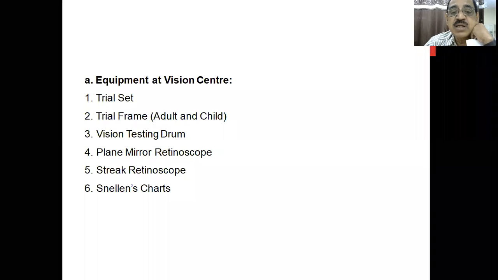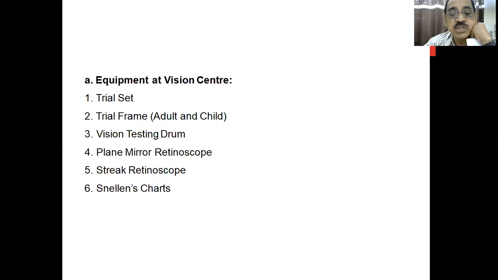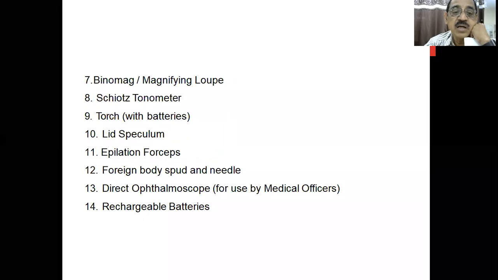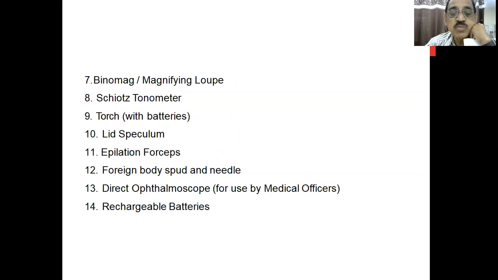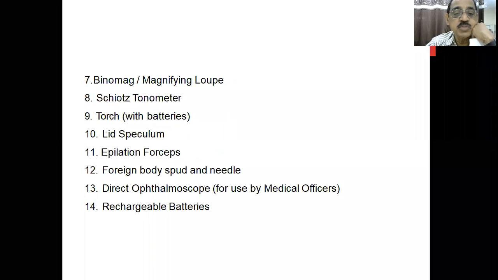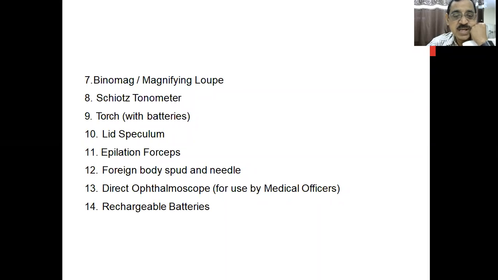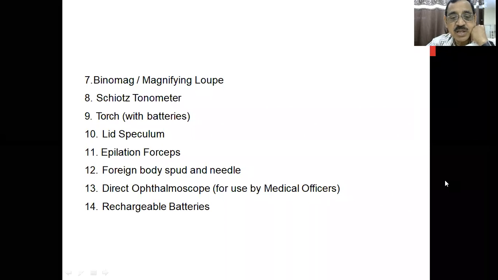Equipment needed at vision centers are trial set, trial frame, vision testing drum, plane mirror retinoscope, streak retinoscope if at all it is possible, Snellen charts, binocular magnifying loupe, Schiotz indentation tonometer, torch lights with 2 batteries, lid speculum, epilation forceps for epilation in case of trachoma and trichiasis, foreign body spud or needle for removing foreign bodies, and direct ophthalmoscope for use by the medical officer of the PSC, and rechargeable batteries, because non-rechargeable batteries prove to be a little costly.